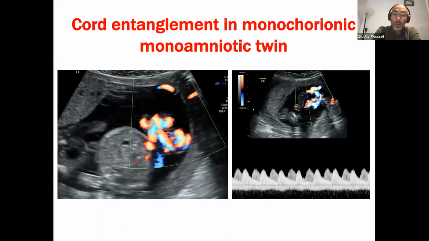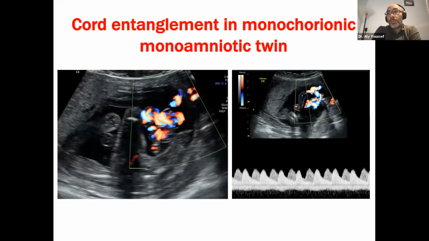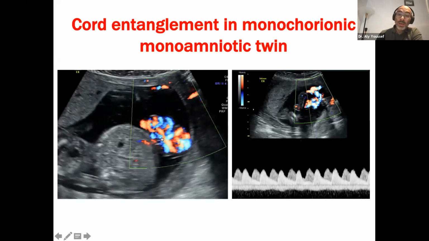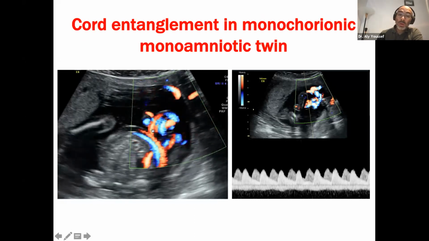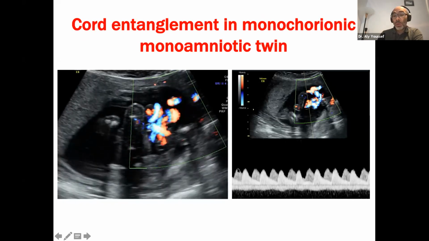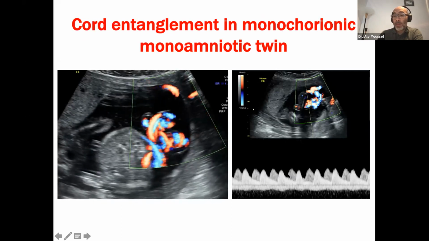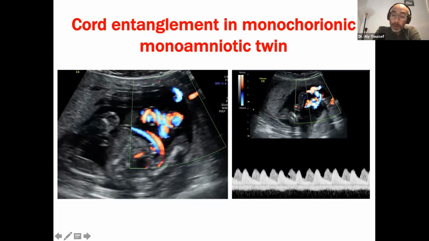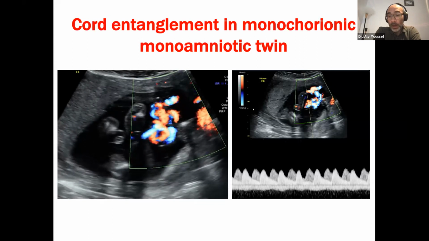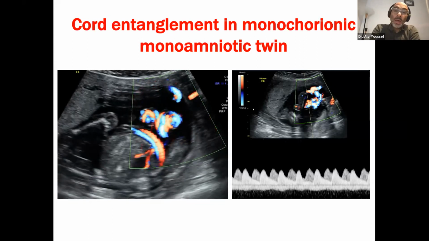Earlier in the scanning of monoamniotic twins, many studies have raised concerns about seeing the two cords of the two twins in a monoamniotic twin pregnancy which are entangled. Okay, this can be seen both by color Doppler and by pulsed wave Doppler, in which we can see in the same trace two frequencies of the fetal heart rate, meaning that the two cords are touching each other and they're entangled.